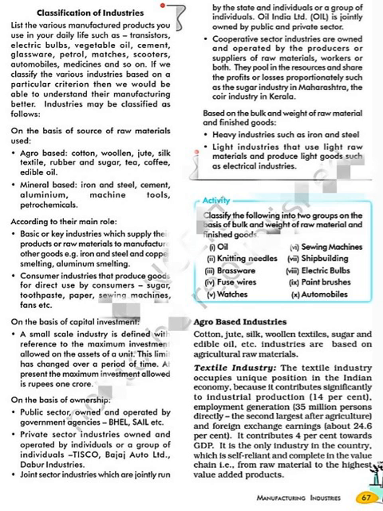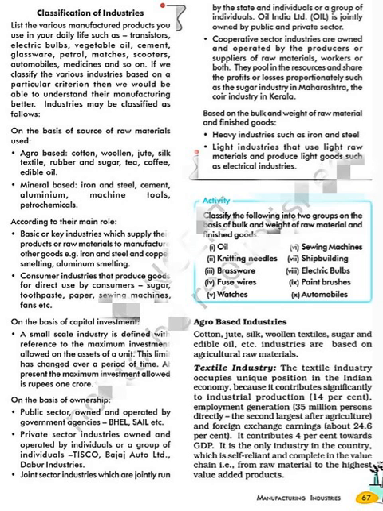Now, the next classification is based on the bulk and weight of raw material and finished goods. For that, we have the categories of heavy industry and light industry. Heavy industry is such as iron and steel, where the raw material is bulky and the finished goods are also bulky. Light industry, like electrical industry, uses light raw material and produces light goods.